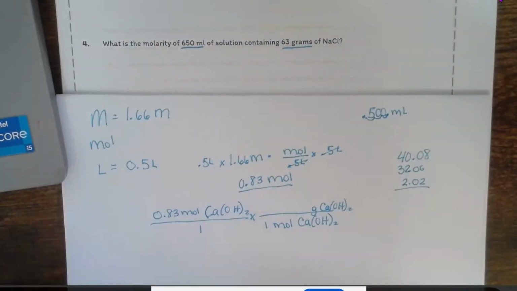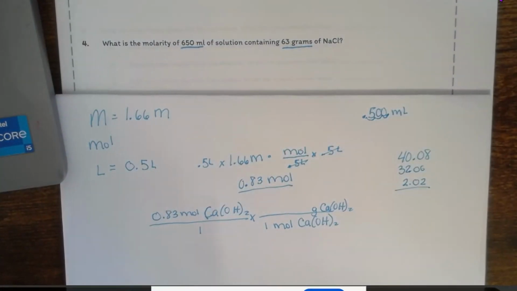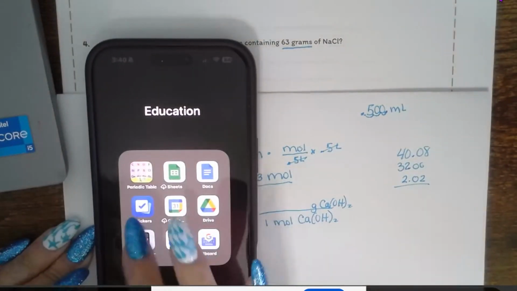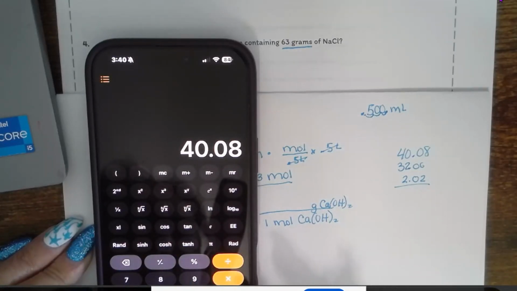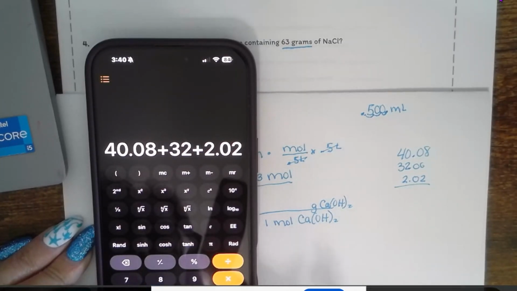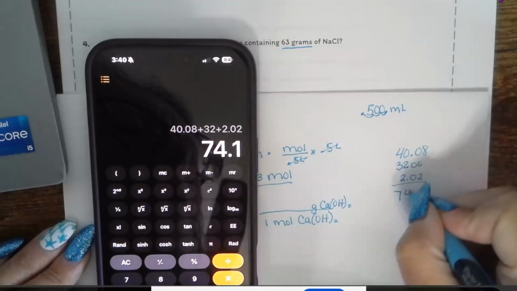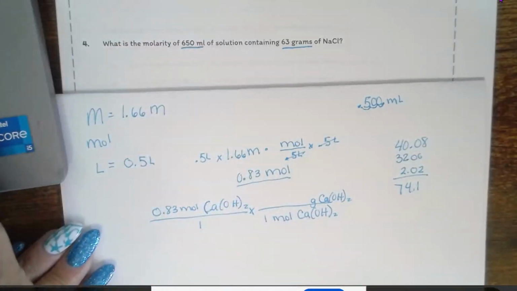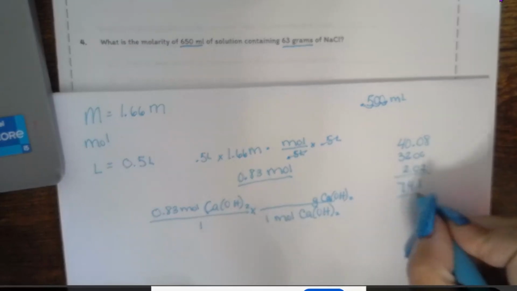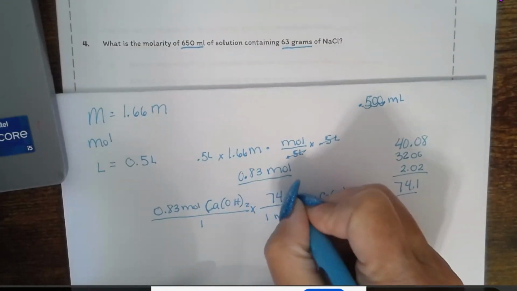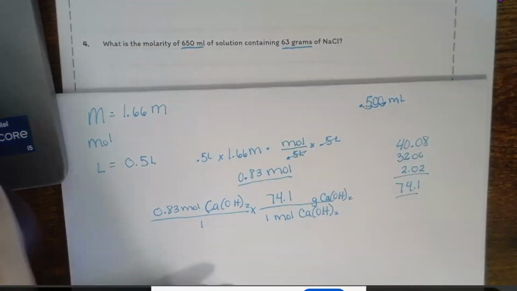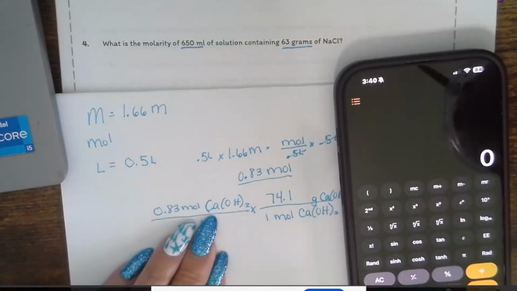So then let's add this up and see what we got. 40.08 plus 32 plus 2.02 is 74.1. So we have a molar mass of 74.1 grams. I'm going to plug that in here, 74.1 grams, and then solve.